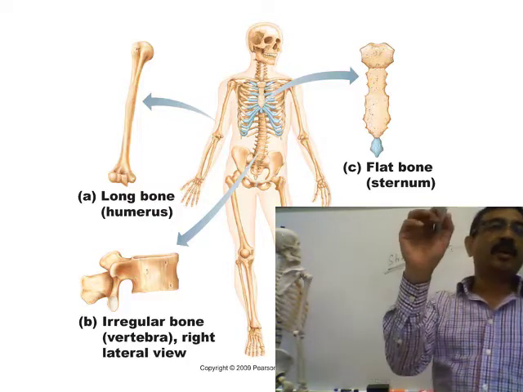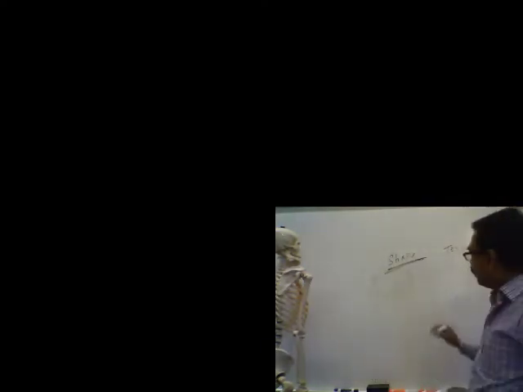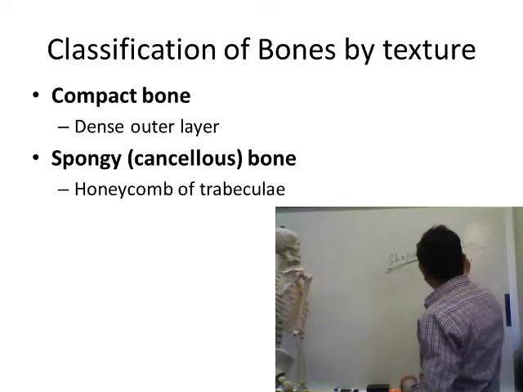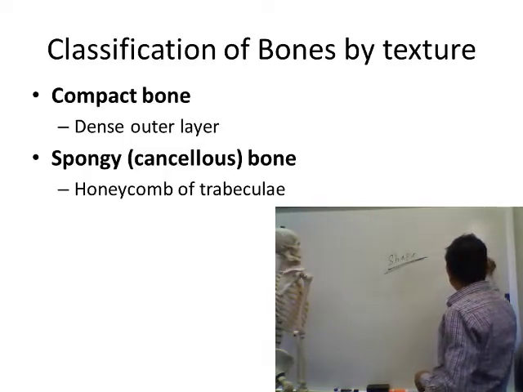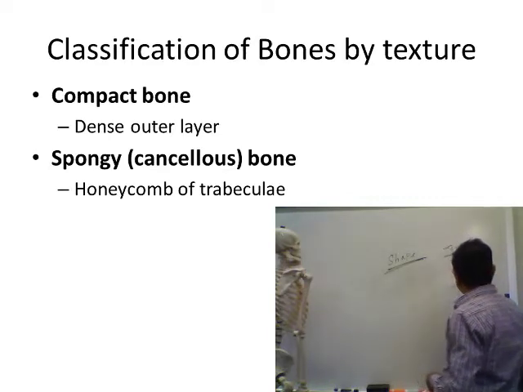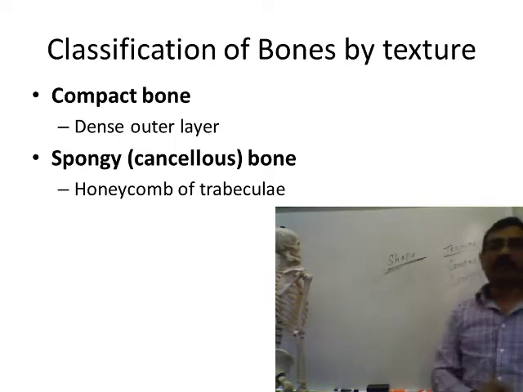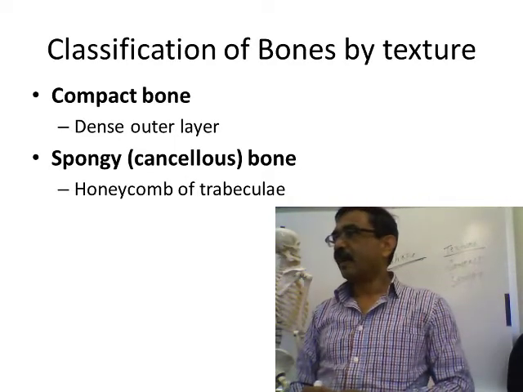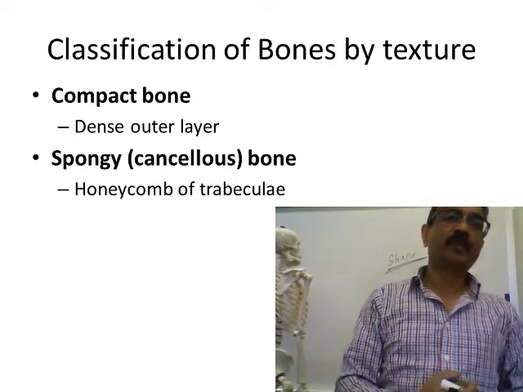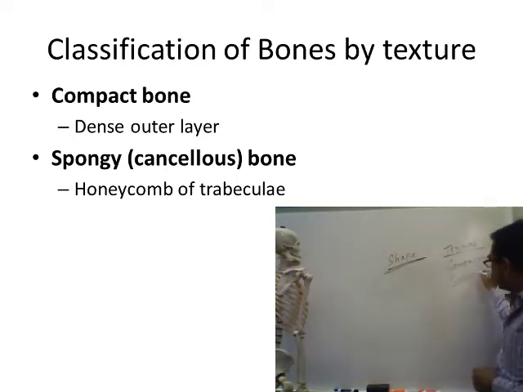Now, based on the texture, we divide the bones into compact and spongy. Compact bone is the hard bone and spongy bone is the soft bone, which is also called cancellous bone.